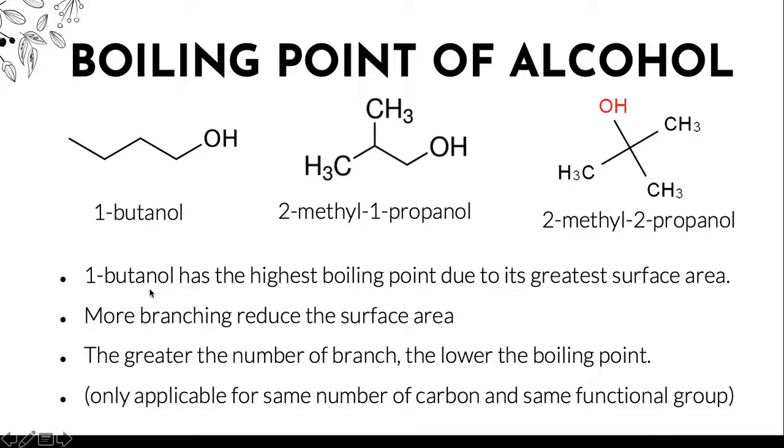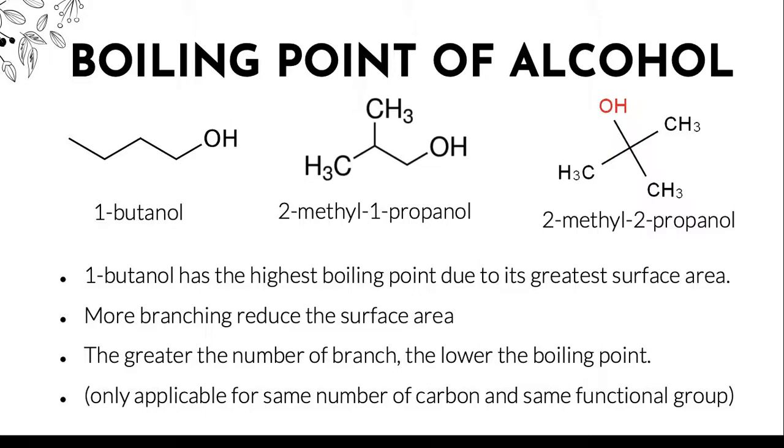So 1-butanol has the highest boiling point due to its greater surface area, because more branches reduce the surface area. The greater the number of branches, the lower the boiling point. This is only applicable for the same number of carbon and same functional group.